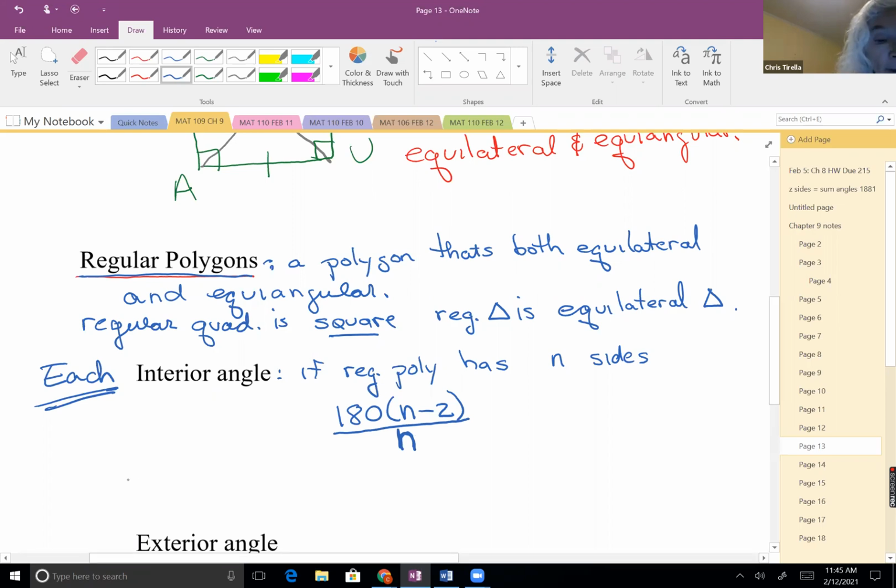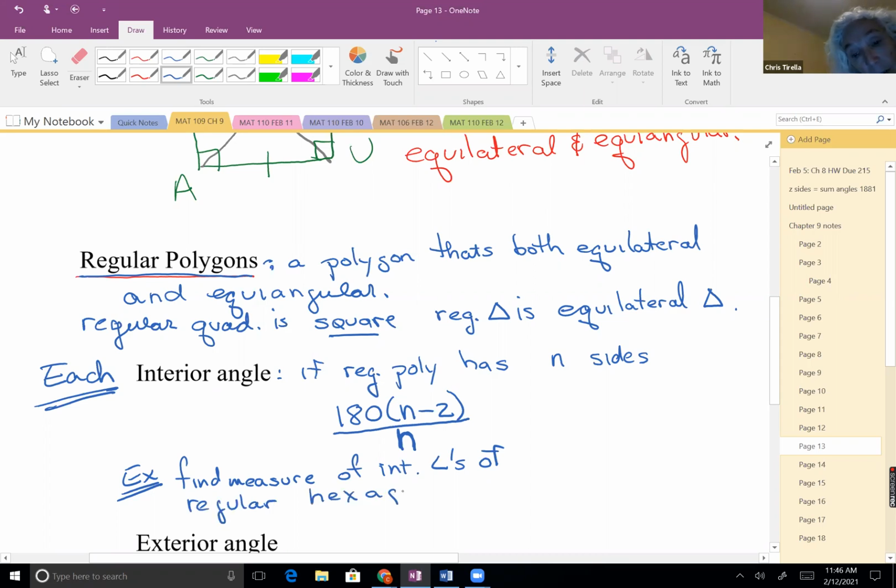So for example, let's have you folks find the measure of the interior angles of a regular hexagon. And I'll give you folks a minute to do that.